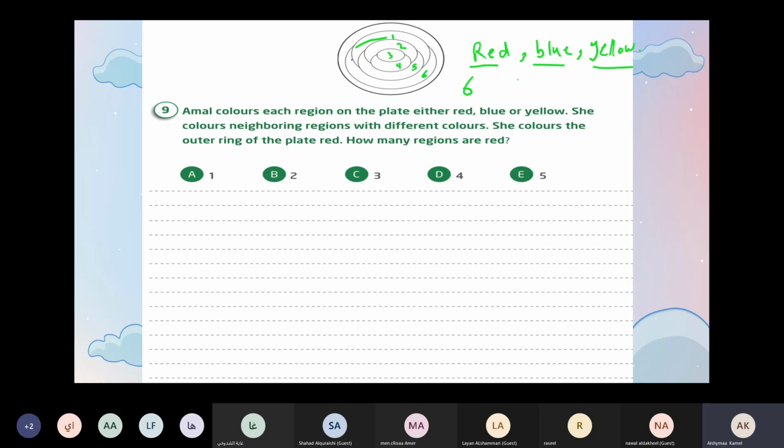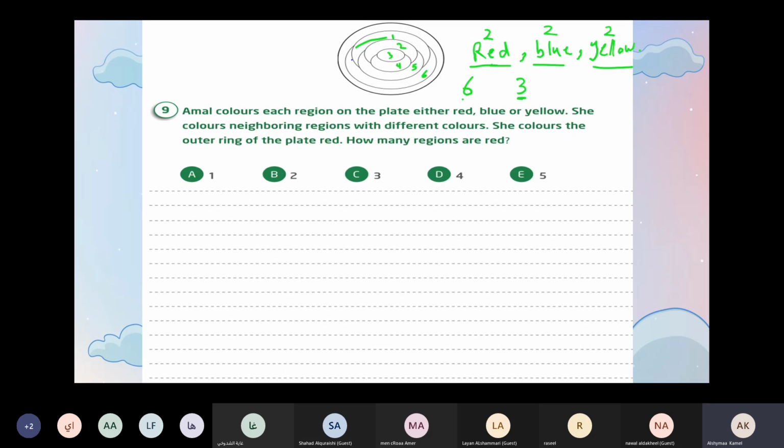I will color them with 3 colors. So each color, I will use it for how many regions? 2. 3 multiplied by 2 equals 6. So I will use red twice, blue twice, and yellow twice. So 2 regions with red, 2 regions with blue, 2 regions with yellow.